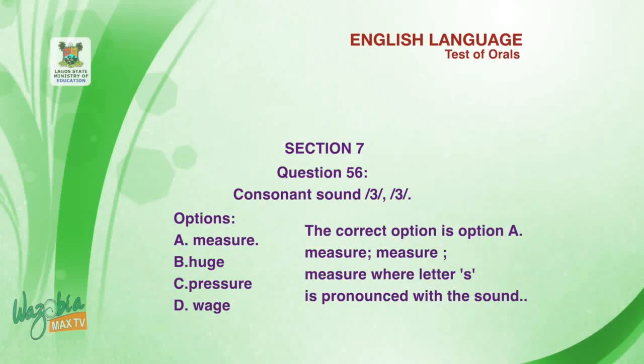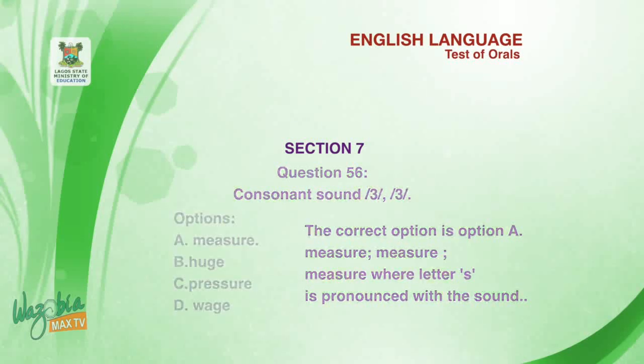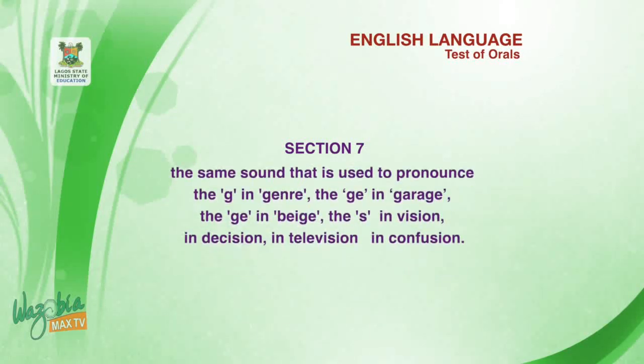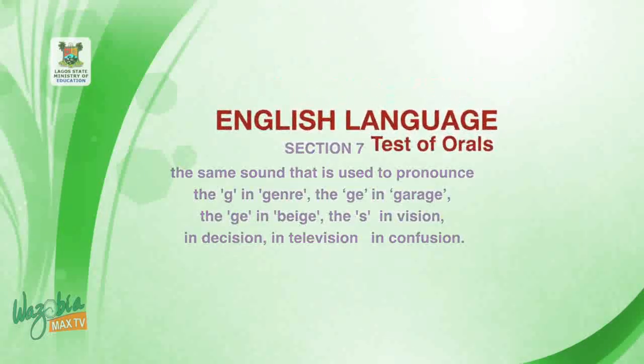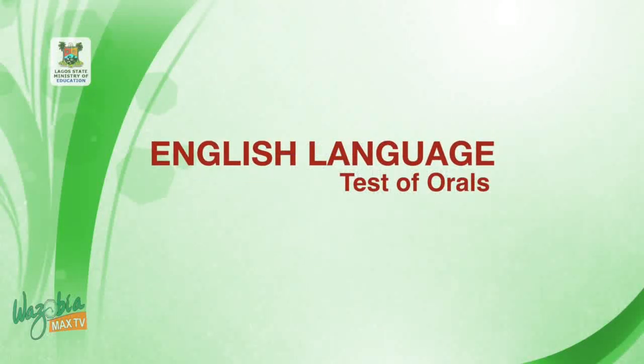The same sound that is used to pronounce the G in genre, the GE in garage, the GE in beige, the S in vision, in decision, in television, in confusion. This brings us to the end of our discussion on test of orals.